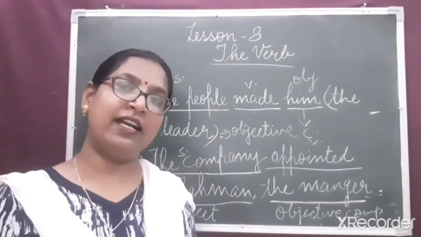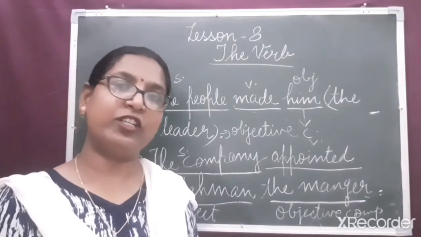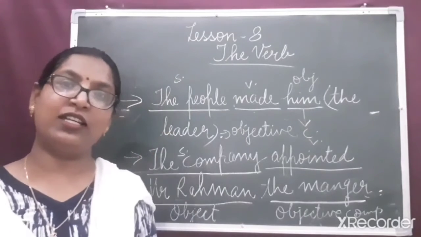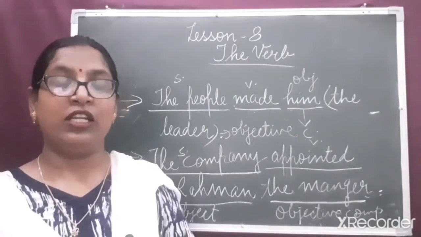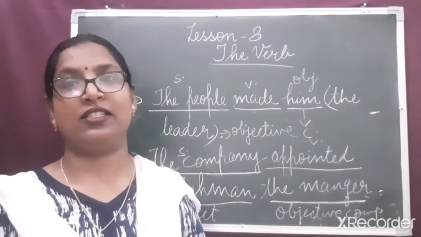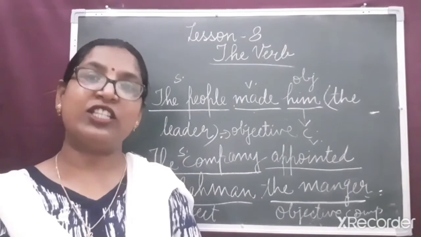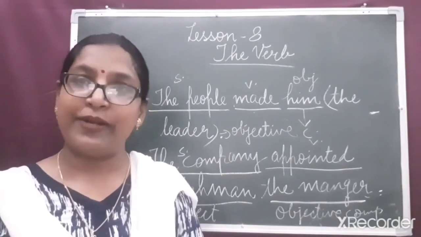We studied that every sentence has two parts. The first one is the subject and the second one is the predicate. Subject is about what we are talking about in a sentence. Whatever we say about the subject is the predicate.